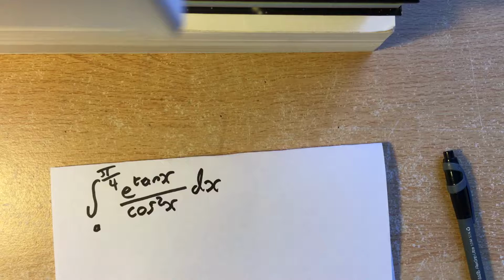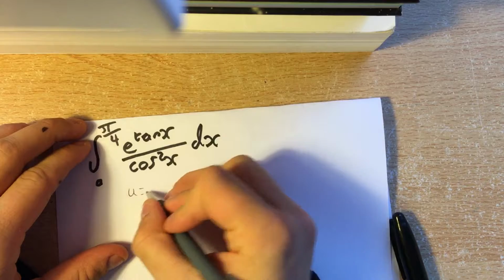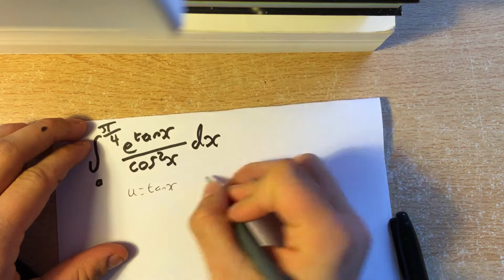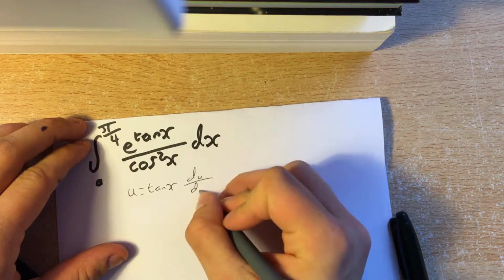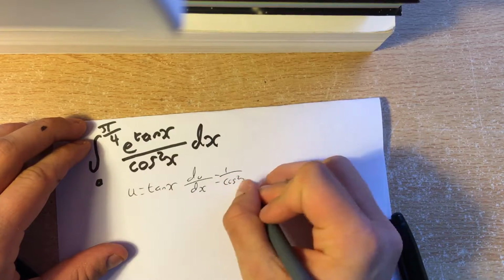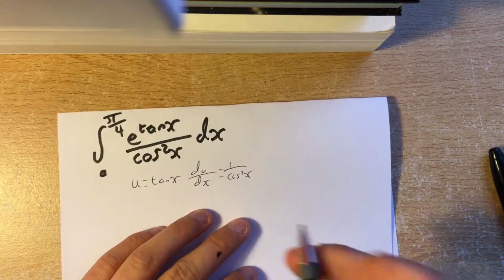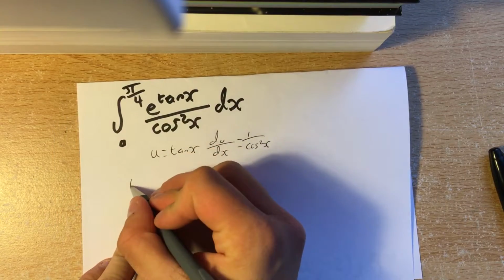Now let's look for a u value that when we differentiate it, the derivative of that is in the integral. So let's say u equals tan x. The derivative of that is simply 1 over cosine squared x. We have a cosine squared x in the integral, which means this substitution is probably the right one.